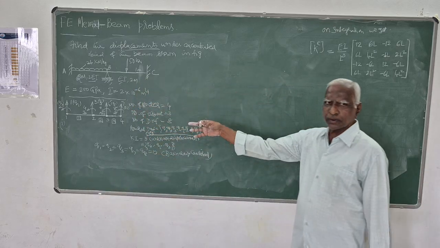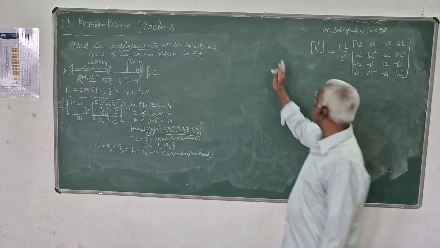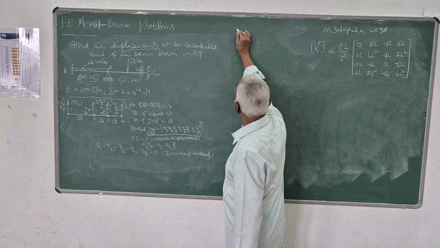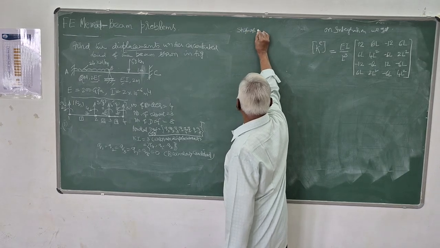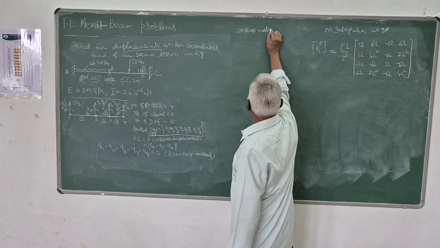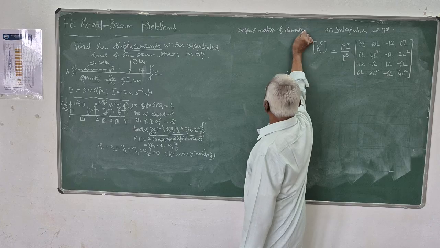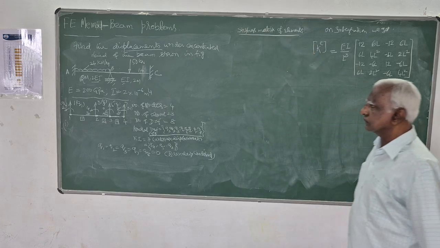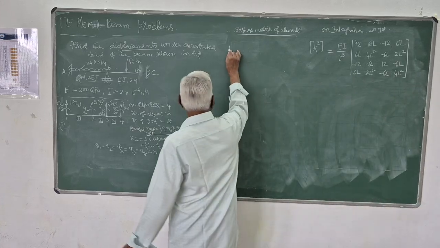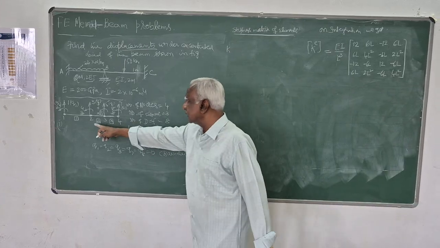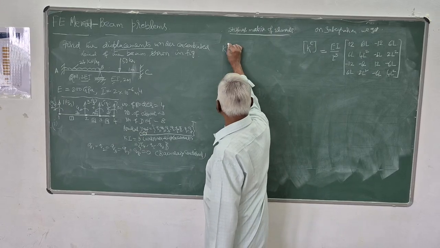Of course, natural coordinate, global coordinate, Jacobian, everything has already taken place, because I am using the stiffness matrix straight away. The stiffness matrix of elements: straight away, I will use this one. How many elements are there? 3 elements. For all 3 elements, I have to write the stiffness matrix.